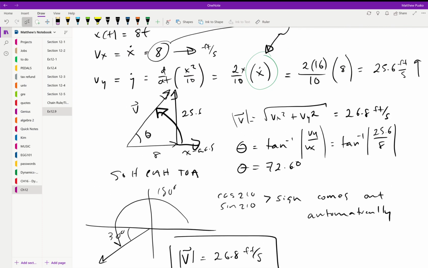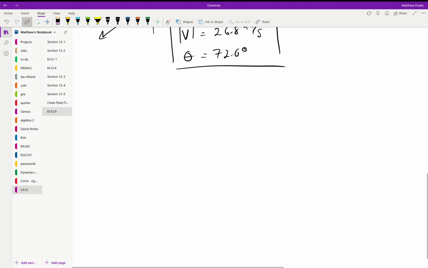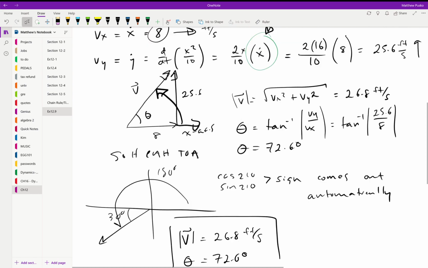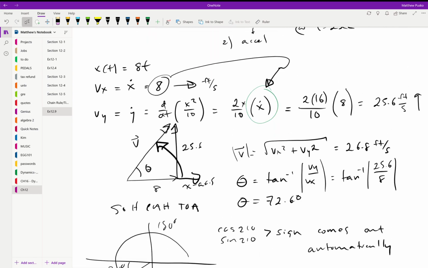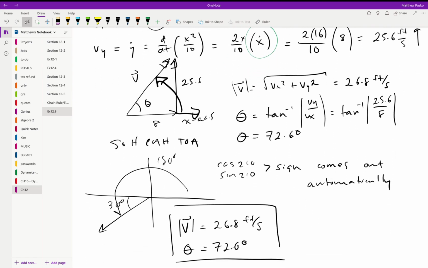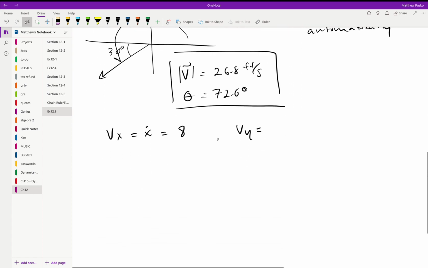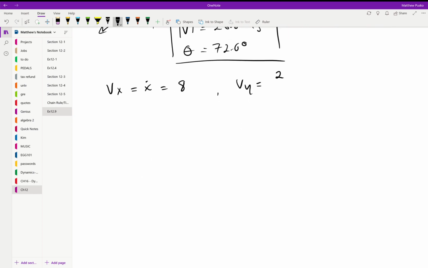We left off with the fact that the velocity in the x direction, or x dot, was just equal to 8, and the velocity in the y direction is 2x over 10 times x dot. Alright, so let's take this one step further.